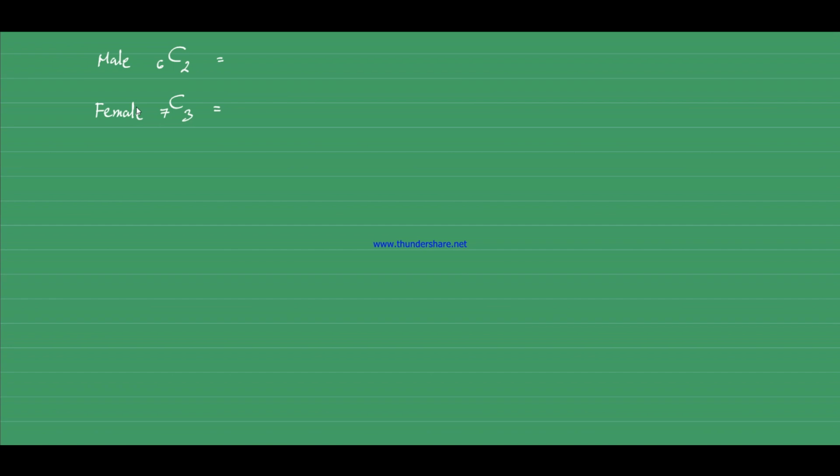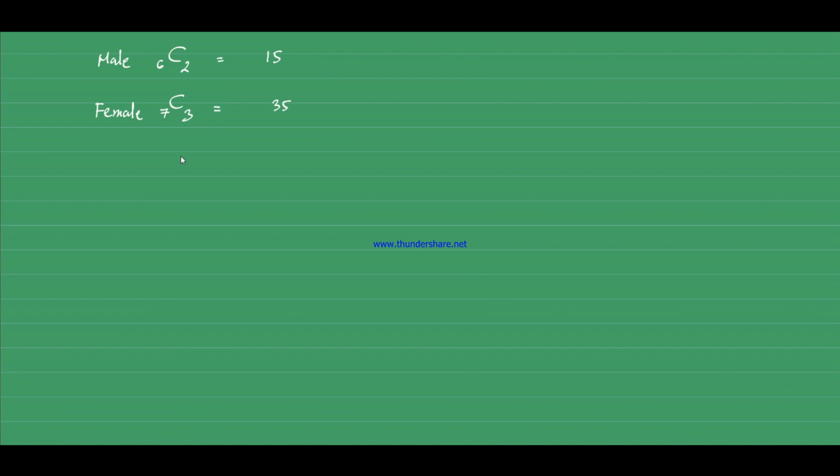So C6 2 gives you 15 options to pick 2 male, and C7 3 gives 35 options to pick 3 female.